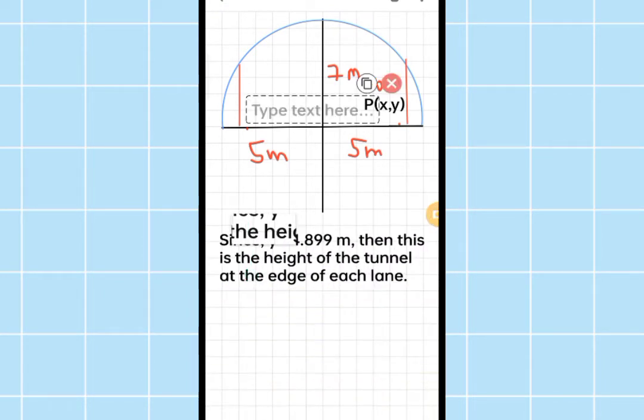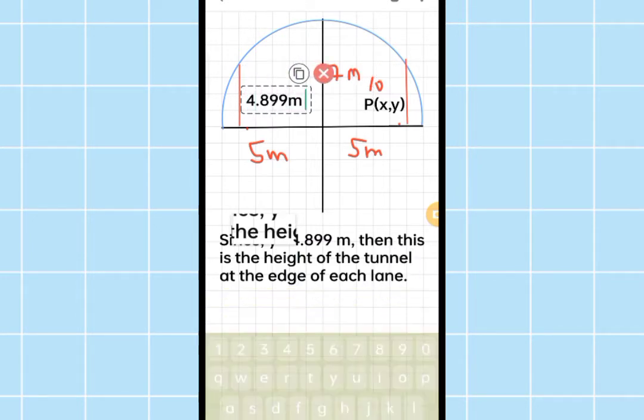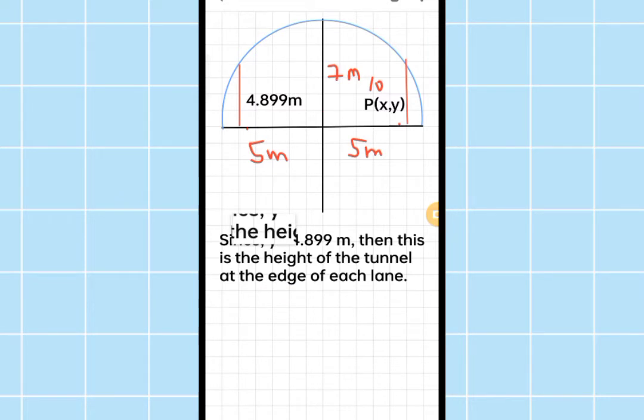Therefore, the height of the tunnel at each lane is 4.899 meters. Now, here we have it. It is all complete: the radius, and the height of the tunnel at the edge of each lane is 4.899 meters.